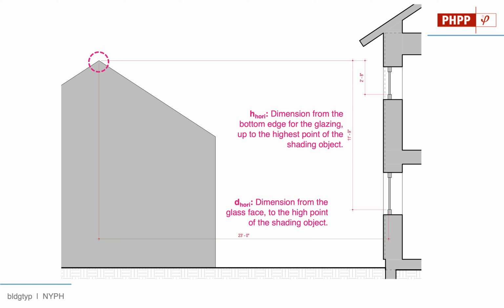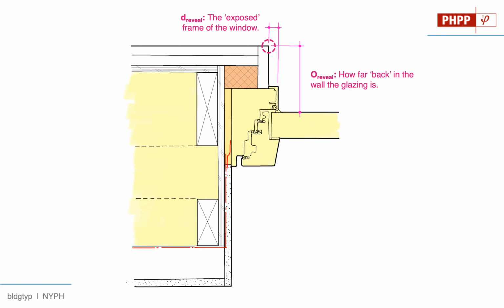We're going to describe the base and the height of that shading point, which is going to be the highest point on whatever that shading obstruction object is. This could be a tree, a shrub, a fence, a building, a neighbor's house, etc. Any type of object that comes up off the horizon, which is in the field of view of the window, will get interpreted as a horizon shading object. So there's two data points.